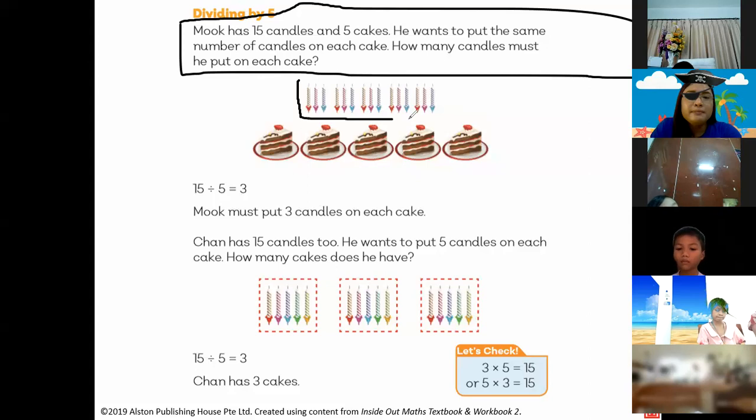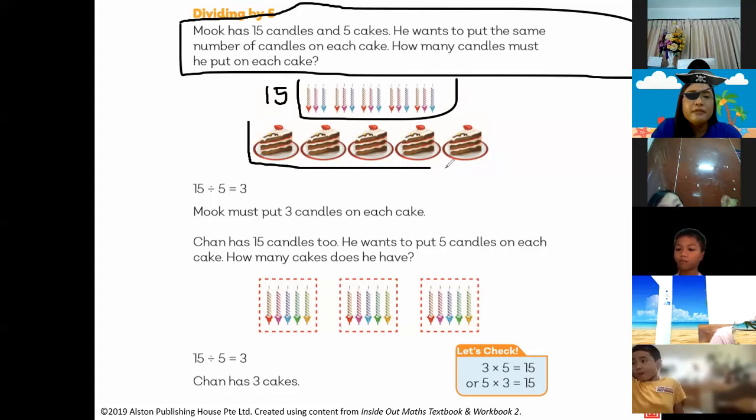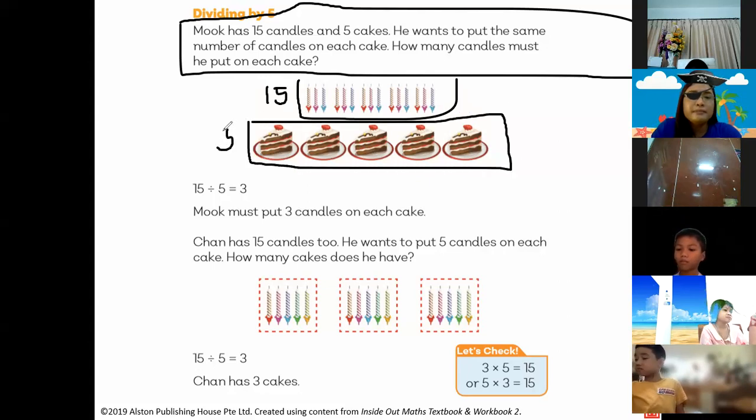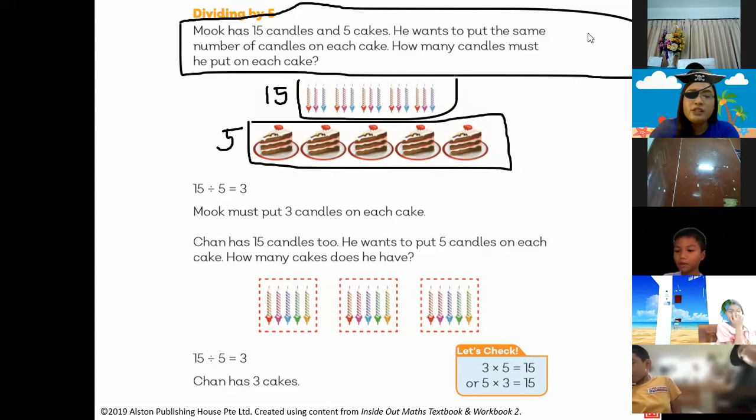So this one, the 15 candles, right? And then we have 5 cakes. And he wants to put the same number of candles on each cake.